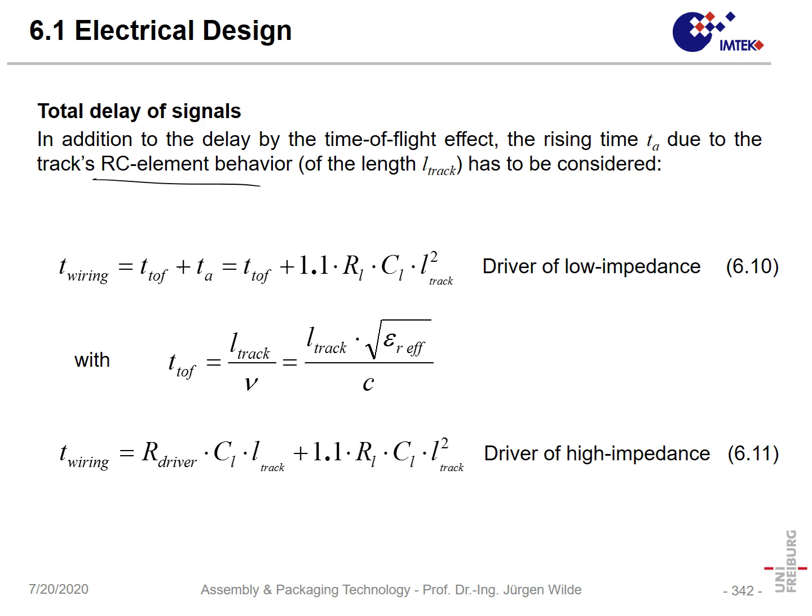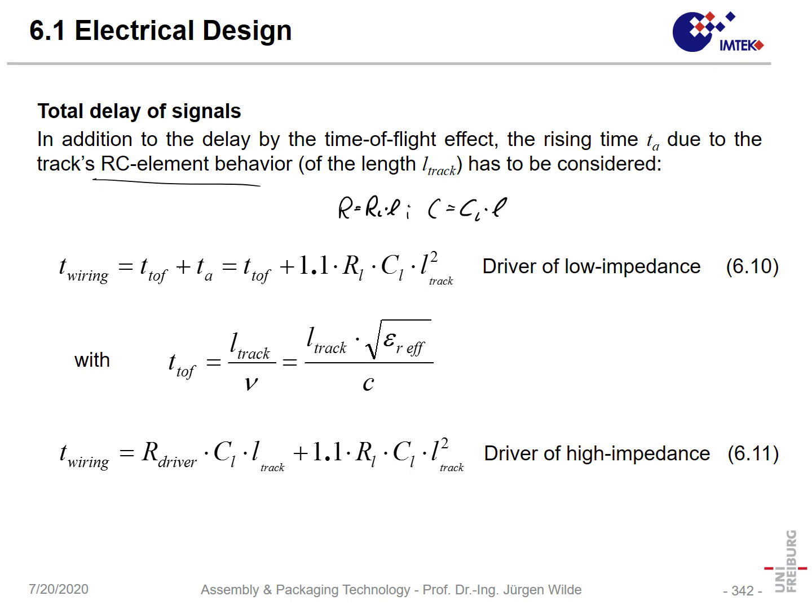That's the resistance per length times the capacitance per length times the length squared, because R is R_L times L and C is C_L times L. In that way, we have the properties of that line and the wiring time, so the total time a signal needs is increased with the square of the length of that line.